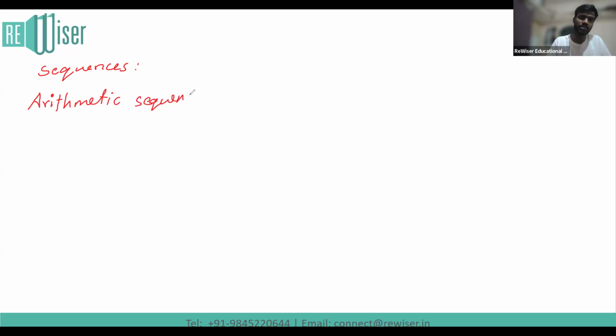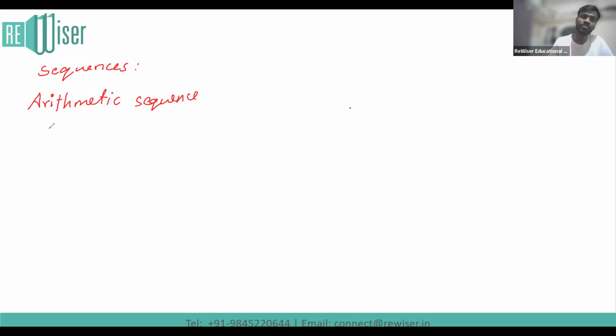So an arithmetic sequence would go something like this. Whenever any two consecutive terms have the same common difference, we say that's an arithmetic sequence.